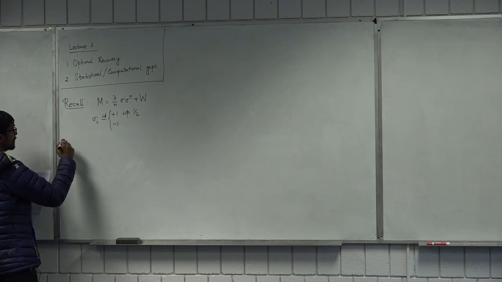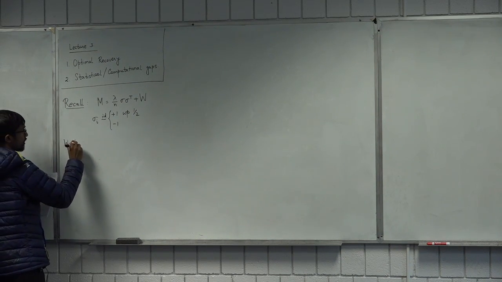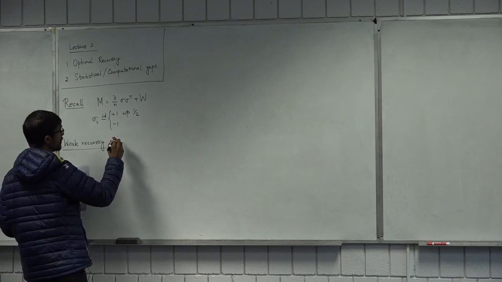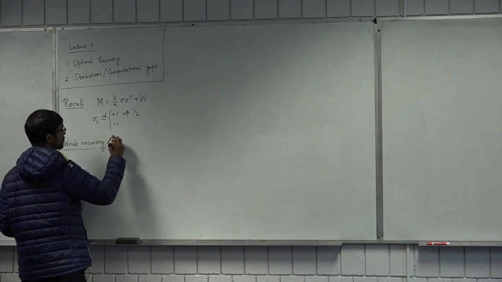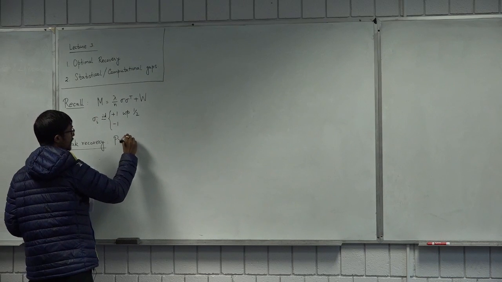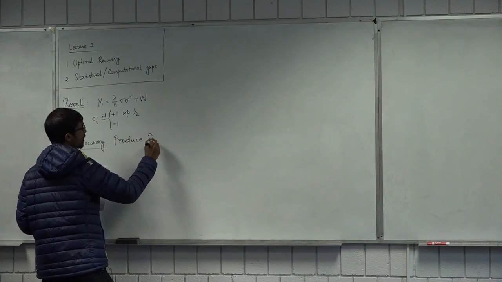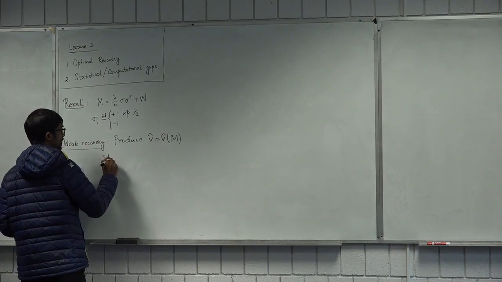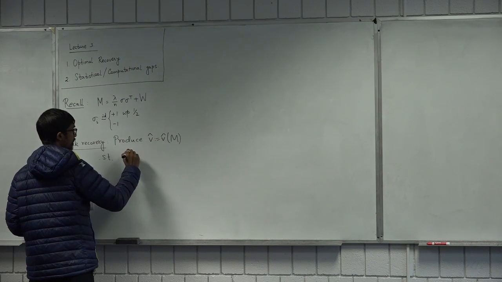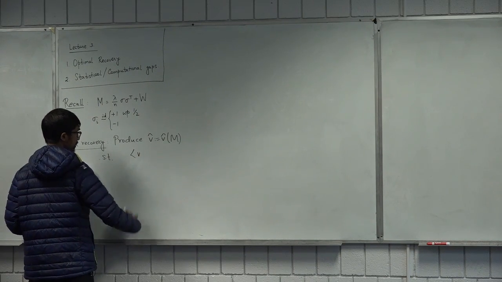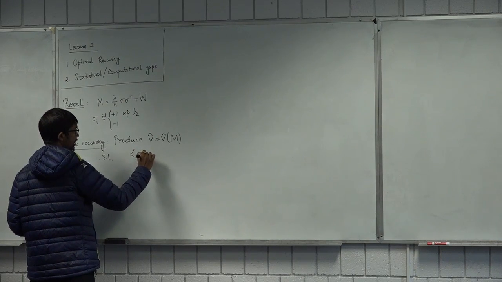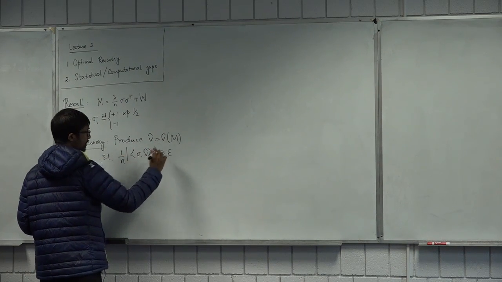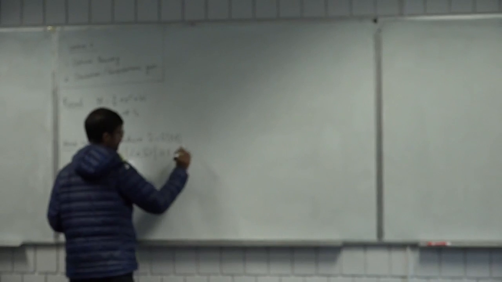Last lecture we looked at this question of weak recovery. What is weak recovery? I want to produce an estimator v hat, which is a function of the matrix that I observe, such that the normalized inner product between sigma and v hat, 1 over n, absolute value, is bigger than some epsilon with high probability.